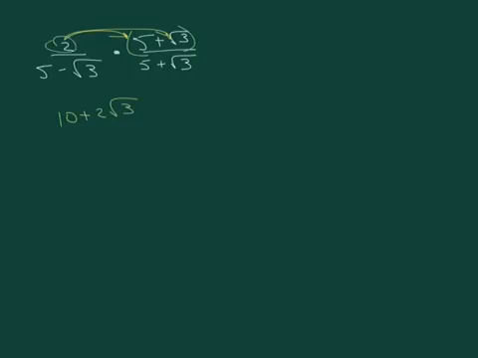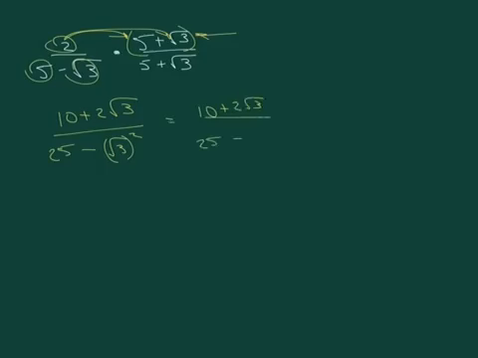Because whenever you multiply a number times a radical, you just stick them together. Alright, and bottom, since I'm doing it times a conjugate, I square the first term, put a minus, square the second term. And that gives me 10 plus 2 square root of 3 over 25 minus 3.